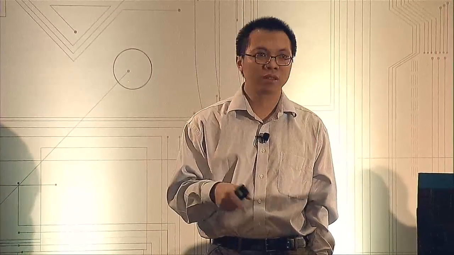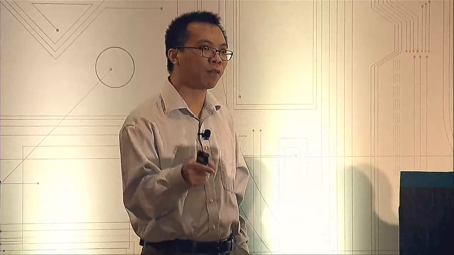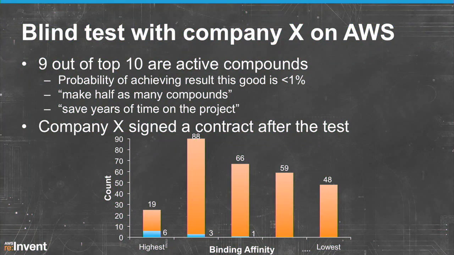If they had this technology at their disposal, they would make only half of the compounds. And the best compound we predicted turned out to be the compound that helped the project move forward. The chemists commented that if they had had this technology at the time, it might have saved them years of time already.